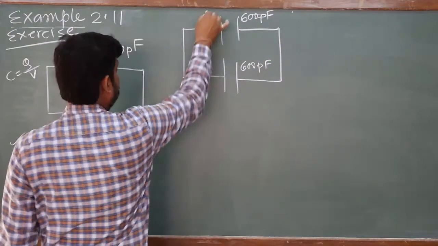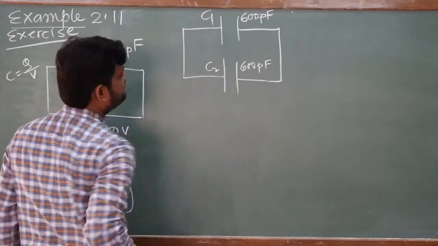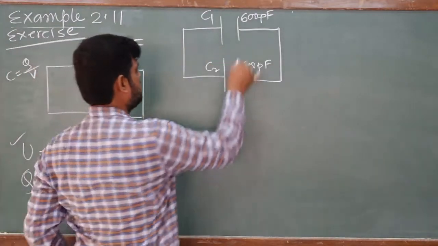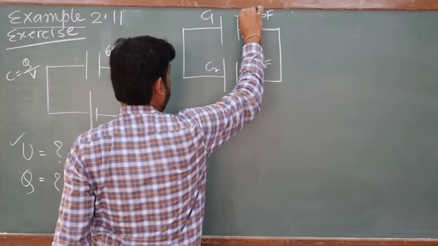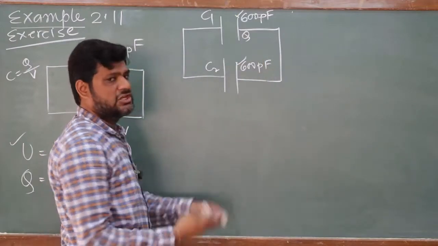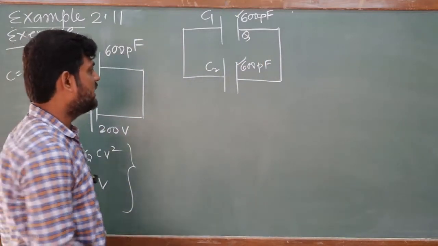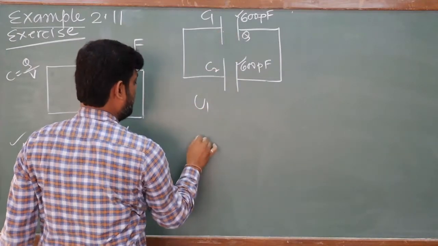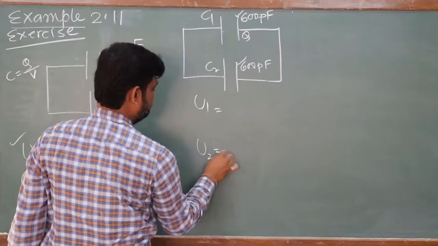It is C1, it is C2, right? As the capacitance is the same, the charge will divide equally, correct? And you just find out U1 and U2, correct?